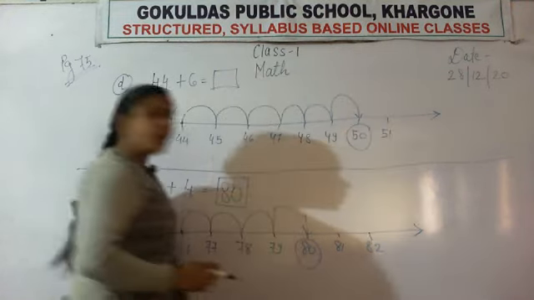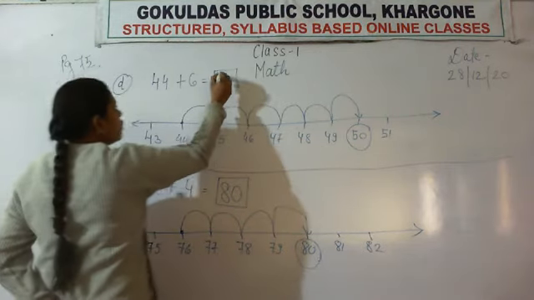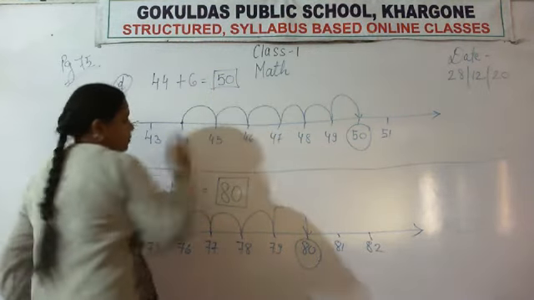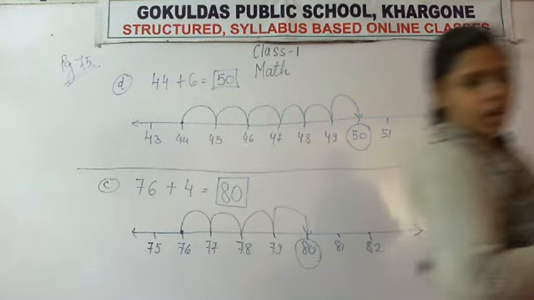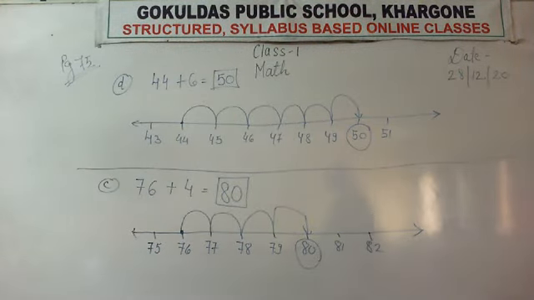We stop at number 50. So the answer of 44 plus 6 is 50. Write fast, copy fast from the board.